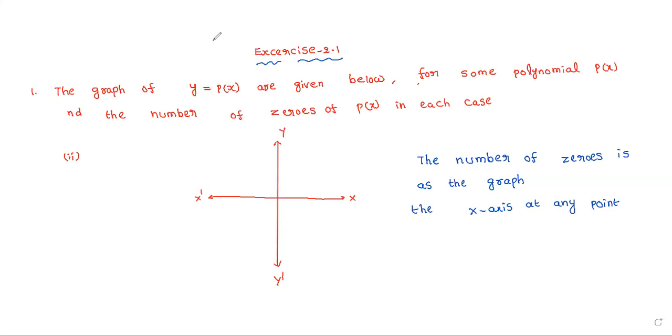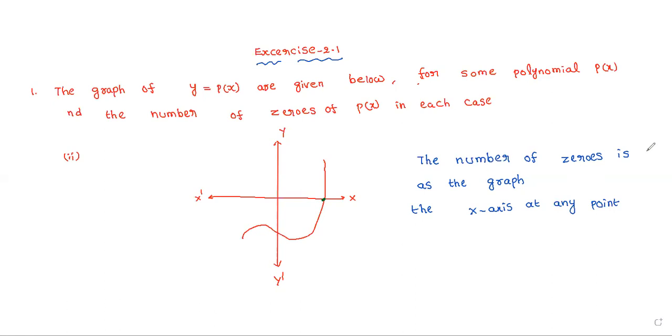Question: draw the graph carefully. So please observe the graph ma. So the number of zeros is only 1, because the graph intersects the x-axis at only one point.